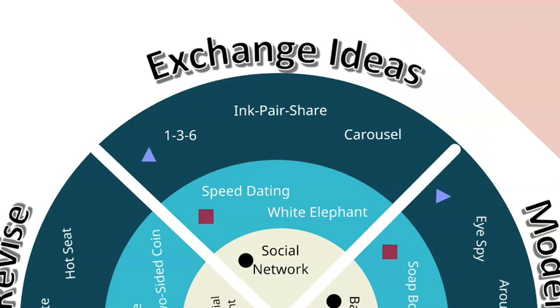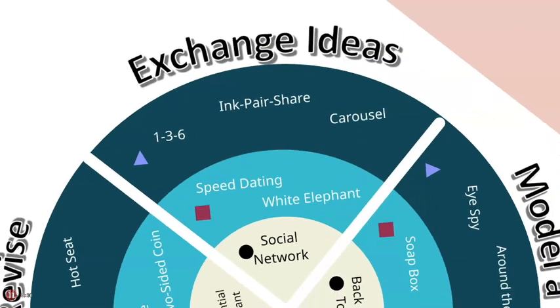That's your light blue middle ring. Ultimately, we want to create environments where student-directed learning takes place, even in small groups. And that's what that bullseye is all about. So we'll go through and talk about the 6 different strategies that are in each of these instructional purposes. But for now, we're just going to continue a brief overview.